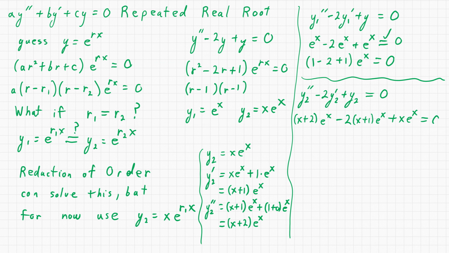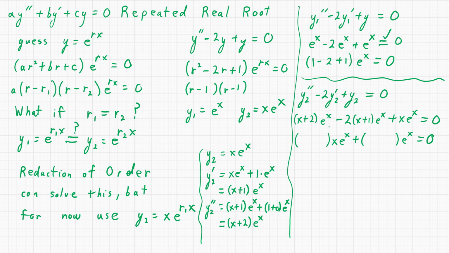And that is all supposed to equal 0. So I'm going to separate out like terms. I'm going to have a parenthesis with the x e to the x terms, then plus some number of e to the x terms, equals 0.